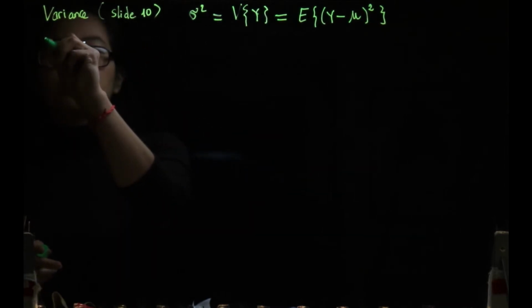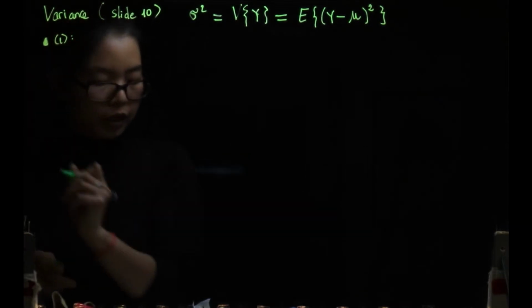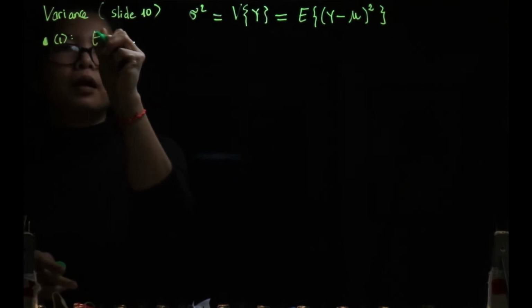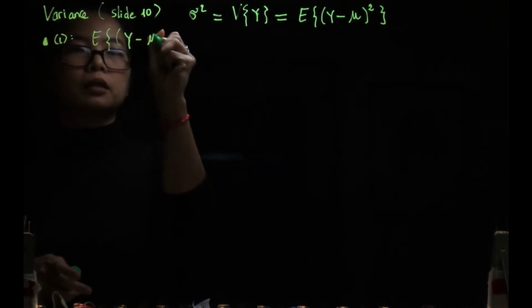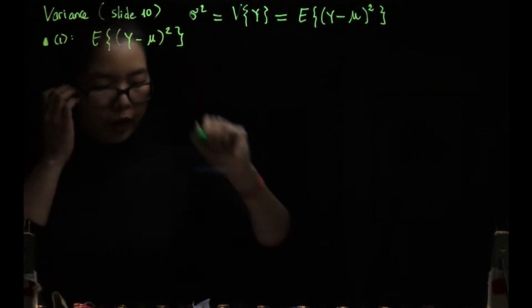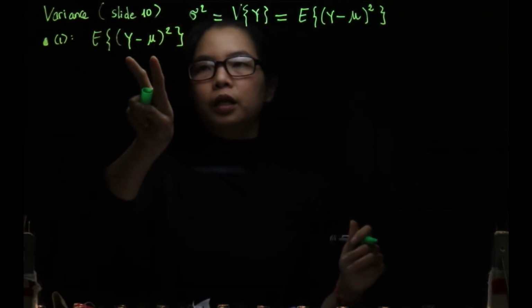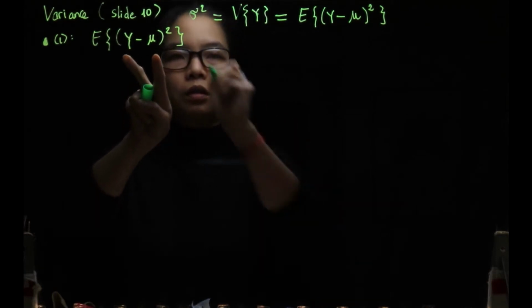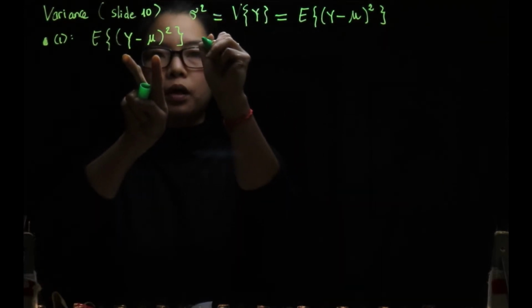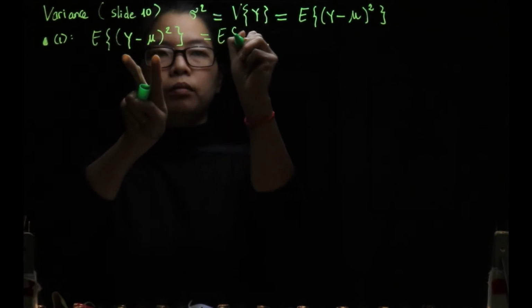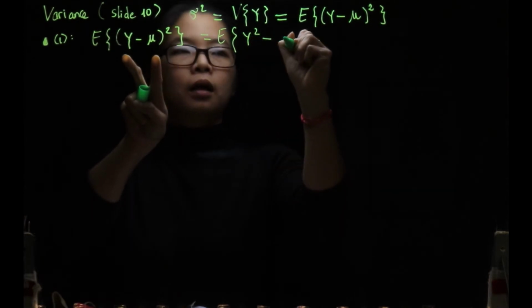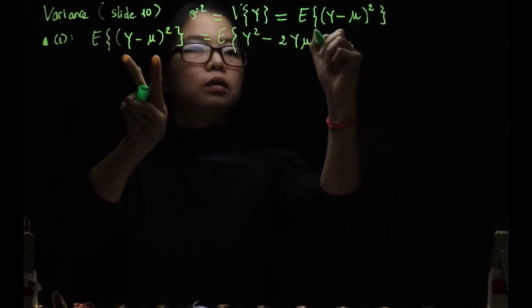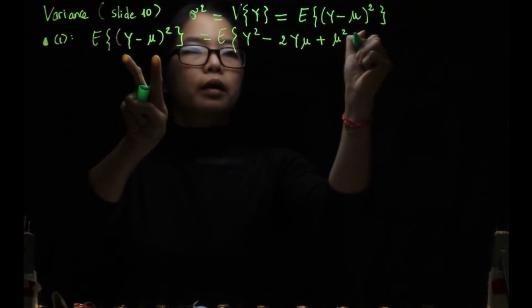Okay? Now, some important results with the variance that you should know. The first thing is, if we use this definition, y minus mu, everything square, and then we distribute, open this bracket, by using a popular equality, it equals the expectation of y square minus 2y times mu plus mu square.